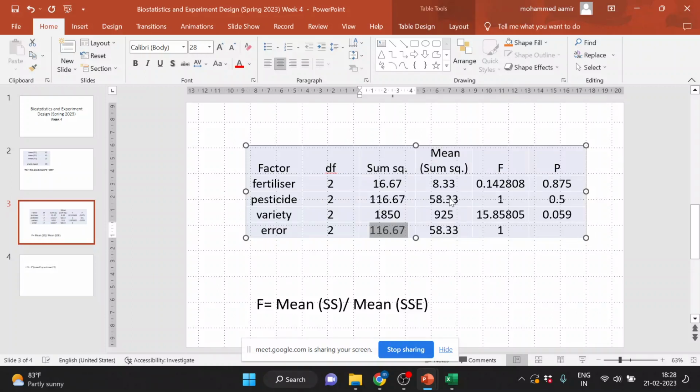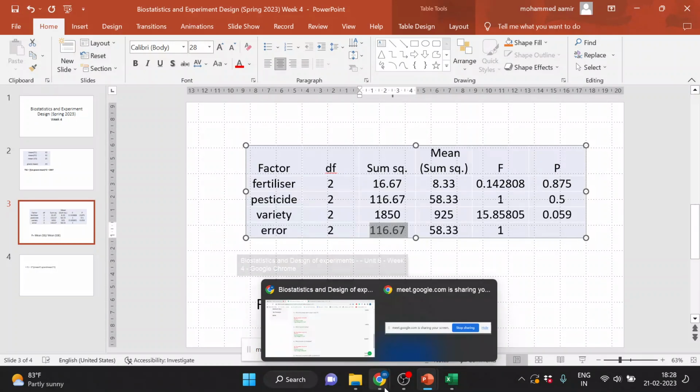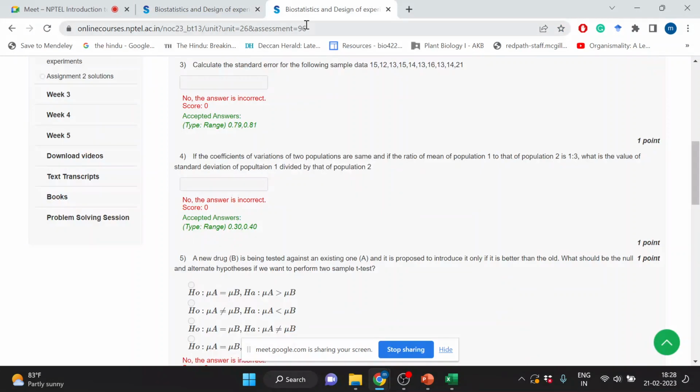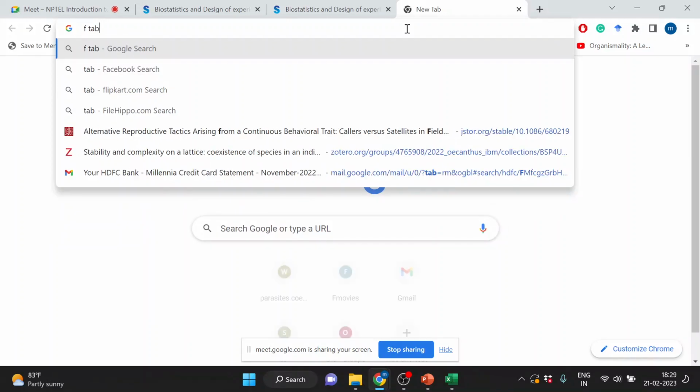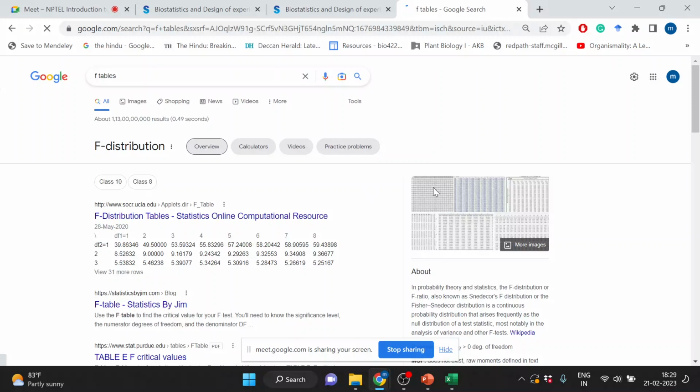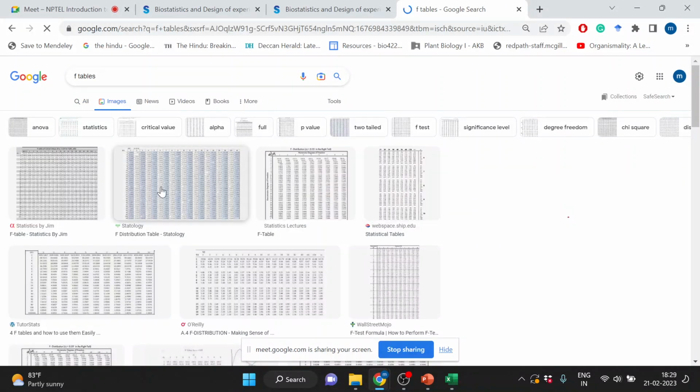Okay, any doubts regarding this? Hello? Hello, yes. Amir, how did you calculate the p-value there, 0.875? So you look up this table. There are F tables, like we had T tables. We have our F value and our degrees of freedom, and using that you can calculate your p-value.